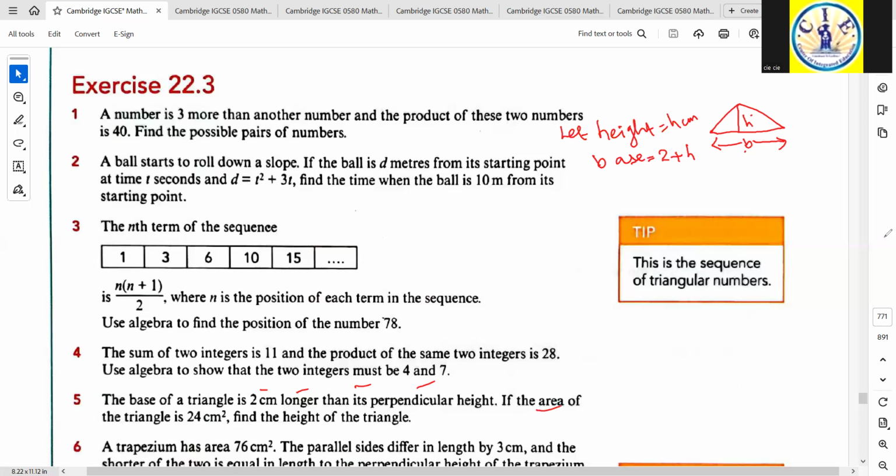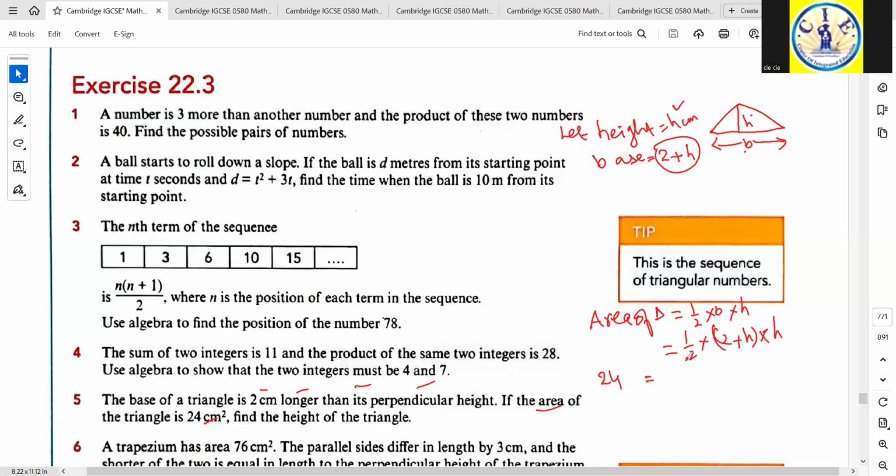Now the area of the triangle is 24 square centimeters; find the height of the triangle. So we will use the formula for the area of a triangle, that is half times base times height. This is its base, 2 plus h, times the height h, and its area is given to be 24.